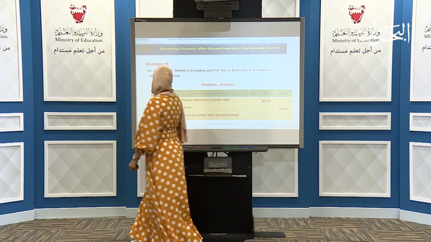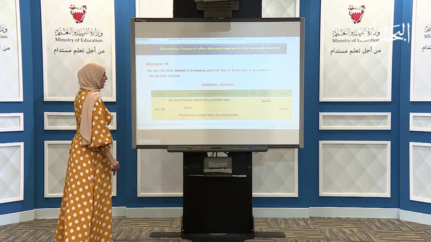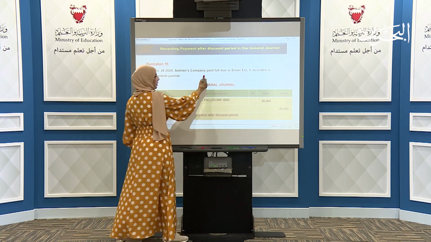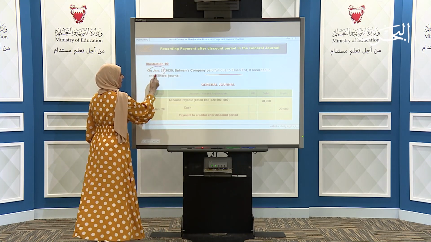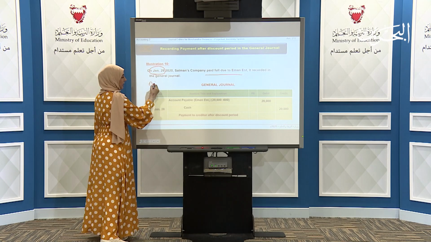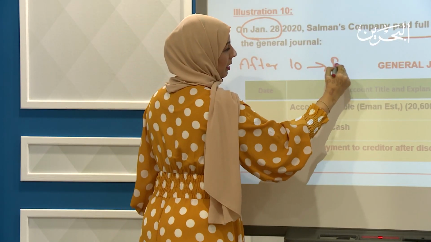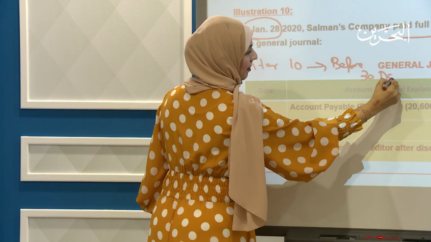Moving to the recording of the payment after the discount period in the general journal. In our example, Salman Company paid the full due amount to Iman, but it's paid on the 28th of January. So it is after 10 days and before 30 days.